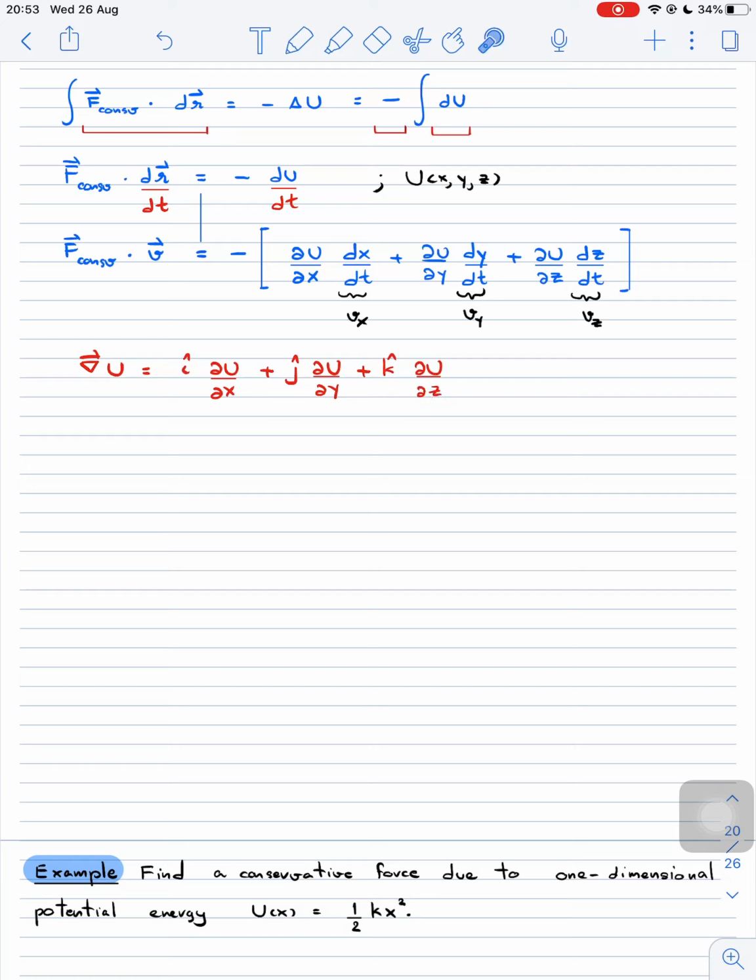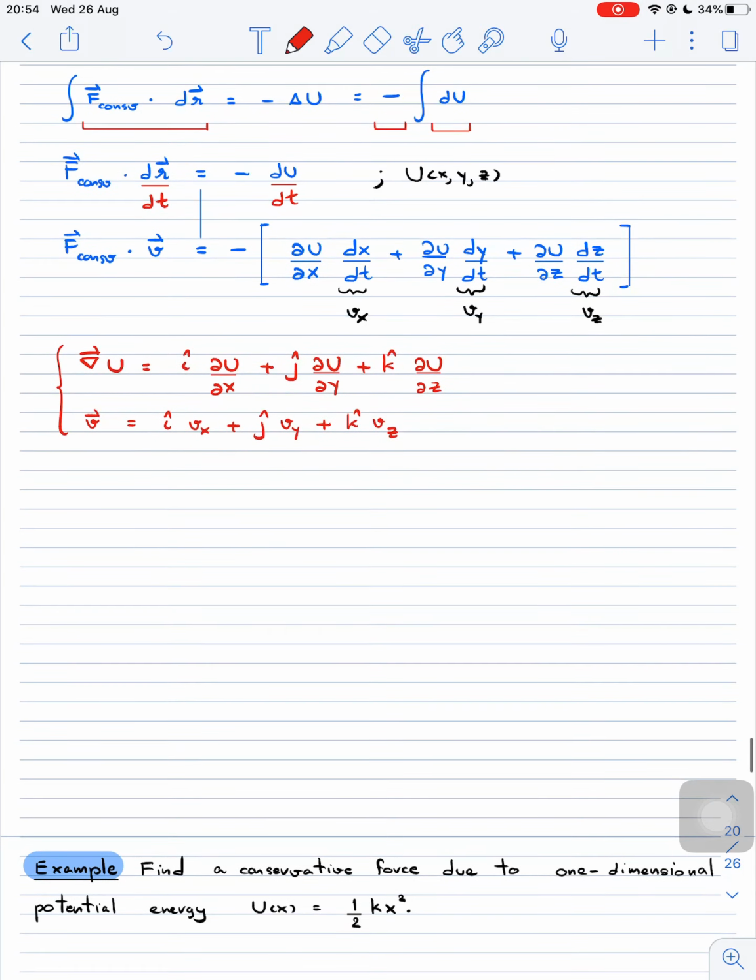This is by definition the gradient of u. And the velocity v is equal to unit vector i times vx, plus unit vector j times vy, plus unit vector k times vz.